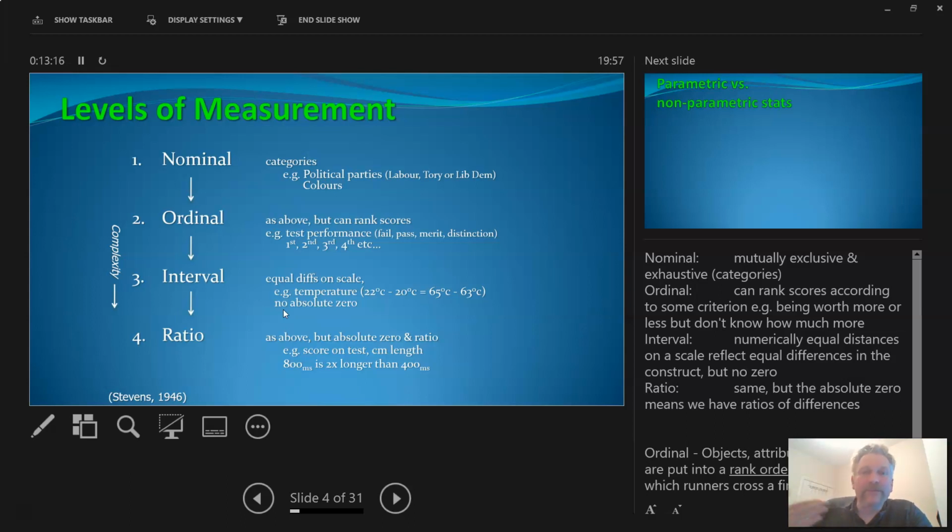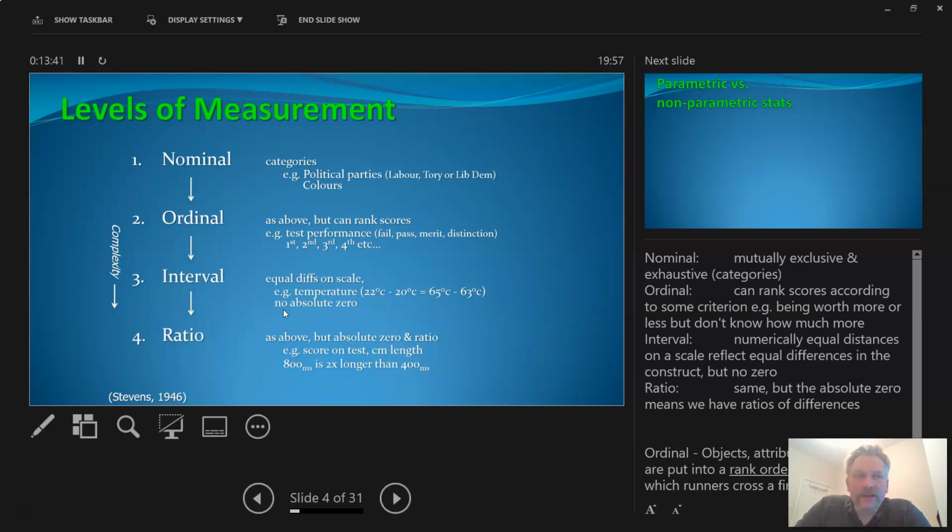So there's an absence of growth, in other words. And because we've got that true 0, what we can do with the scales is have ratio elements built into them. For instance, we know that 800 milliseconds is twice as much as 400 milliseconds. We can't do that with interval measures.